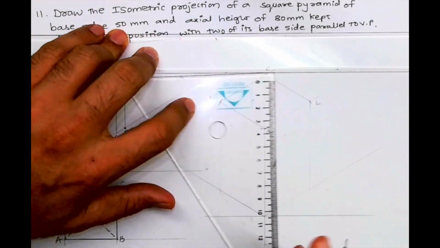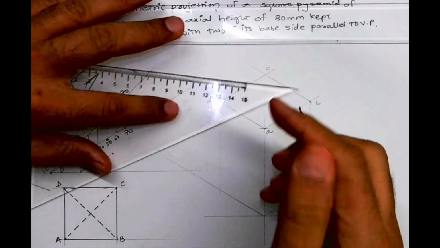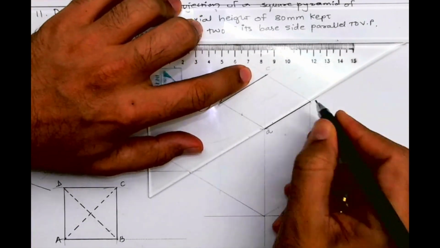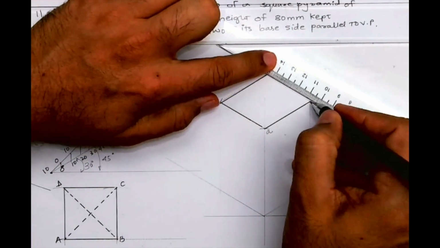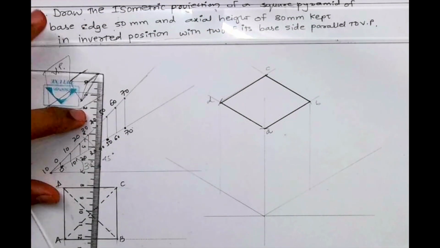Now we need to draw the inverted square pyramid. The base will be dark, so this upper part will be dark. Now we need to mark the midpoint.